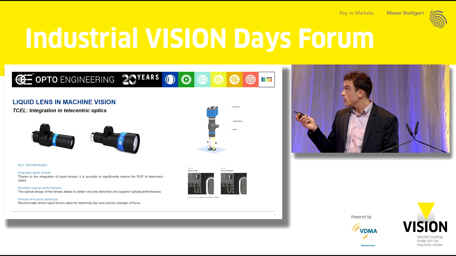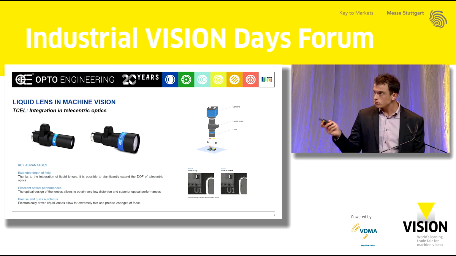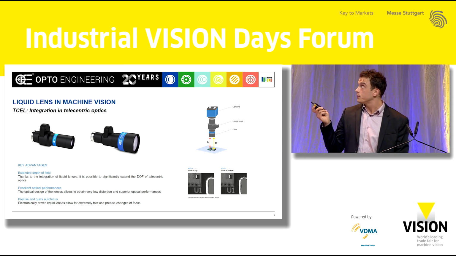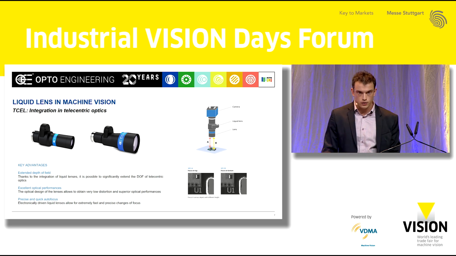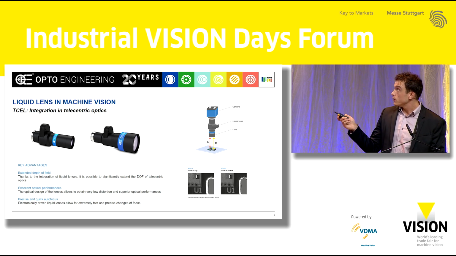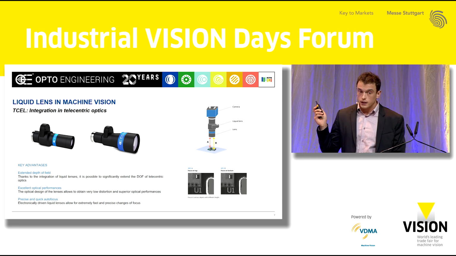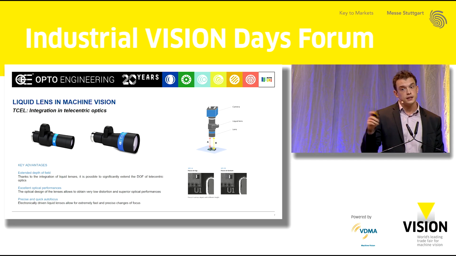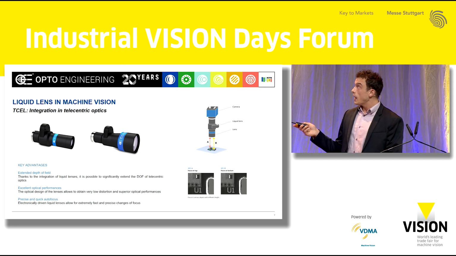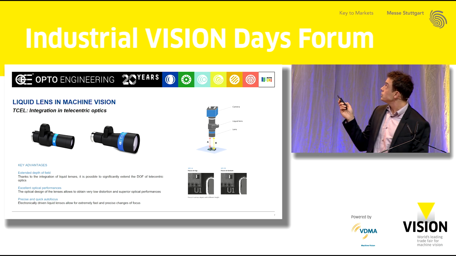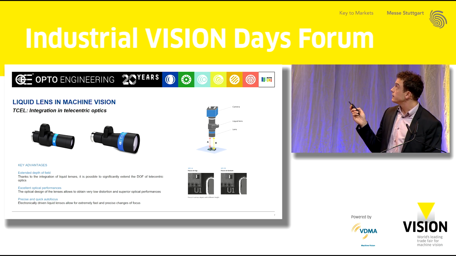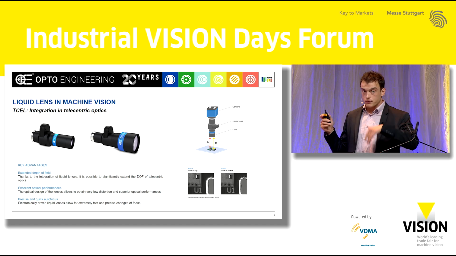The first case is the TCL series, featuring telecentric optics with liquid lens technology. Here you can see how they look. You can clearly see the liquid lens, and the integration of liquid lenses in telecentric optics allows you to change the focus, the plane of best focus of the lens.